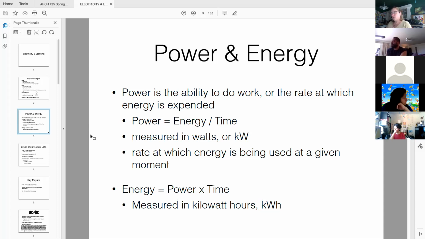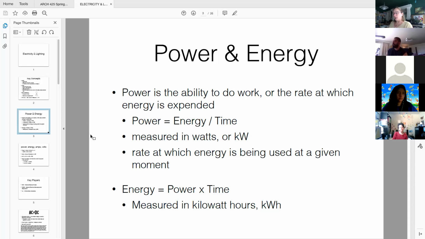So cooling and heating loads were BTUs per hour. That's how much energy over a period of time you needed to heat or cool the space, just to change the temperature. With electricity, it's the same thing. Over a period of time, your room is going to consume a certain amount of energy.